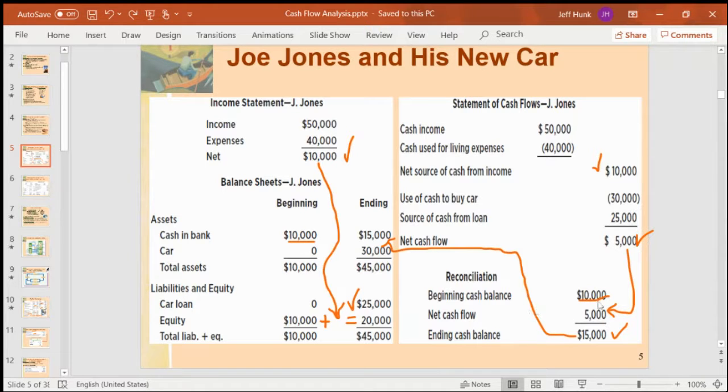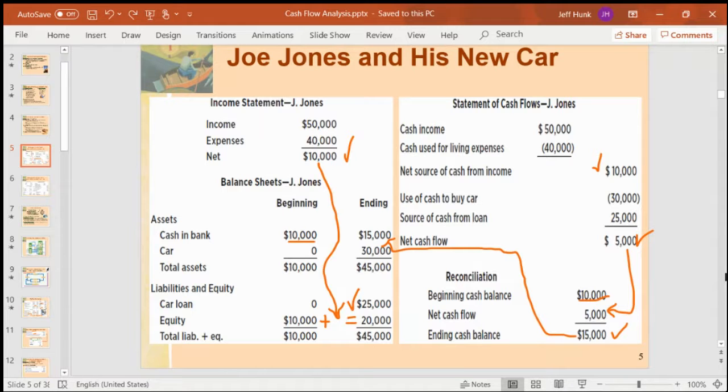The beginning cash balance, 10,000. Net cash flow, 5,000. Ending cash balance, 15K. So that's what it is. Okay. So this is a very simplified and simplistic example.